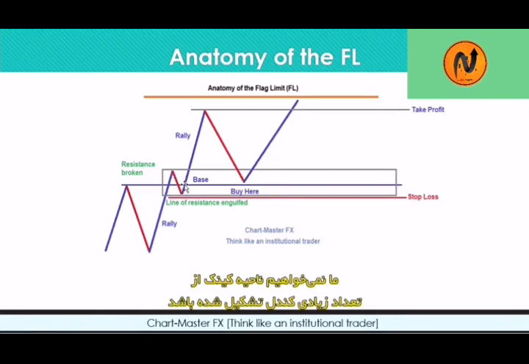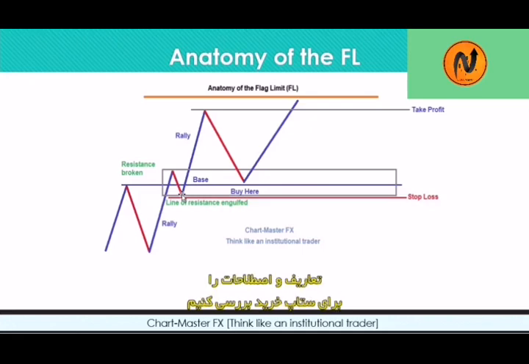We do not want many candlesticks forming a kink area, otherwise it's going to affect the strength of that kink. We need a kink of one candlestick, or two candlesticks. Anything more than that, we can no longer consider that as a flag limit.